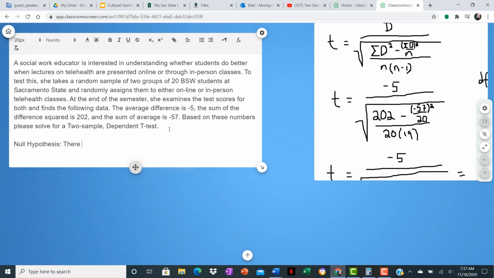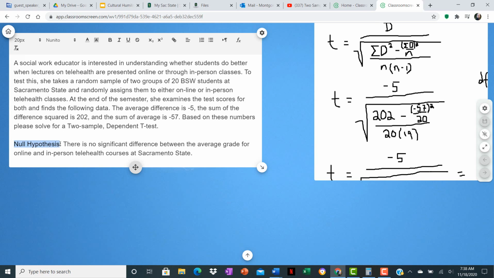The first couple words are never different: there is no significant difference between the average grade of online and in-person telehealth courses. And if I wanted to be real specific, at Sacramento State. So that was my null hypothesis.